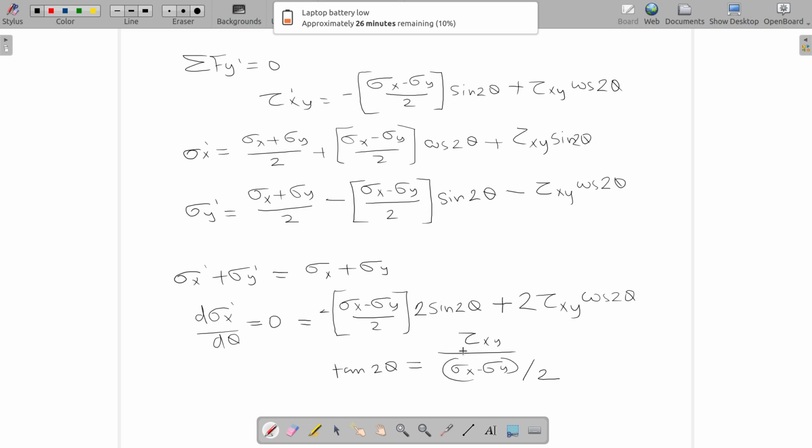So if you simply substitute this value of 2 theta back in this equation, how will you do that?